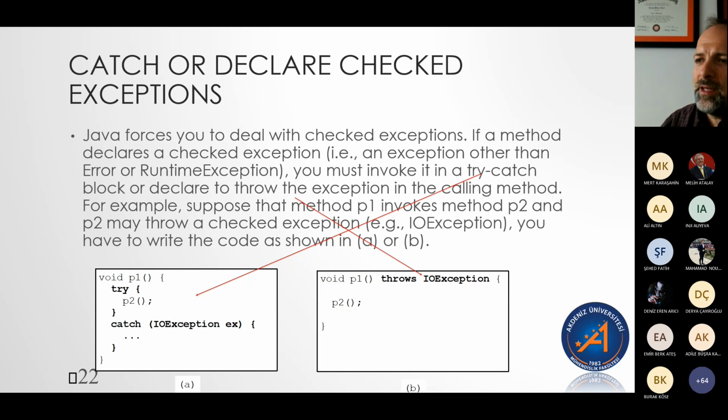Because it knows that, it says you have to say how you're going to deal with it. You are either going to try and catch the exception, or you are going to throw it up to the calling program. But you have to tell the compiler, I know what I'm doing with this.